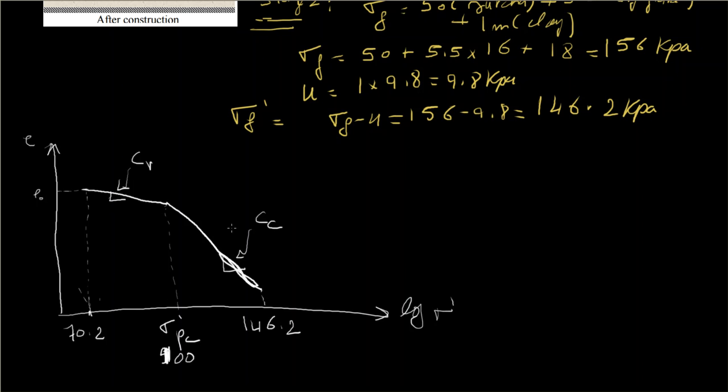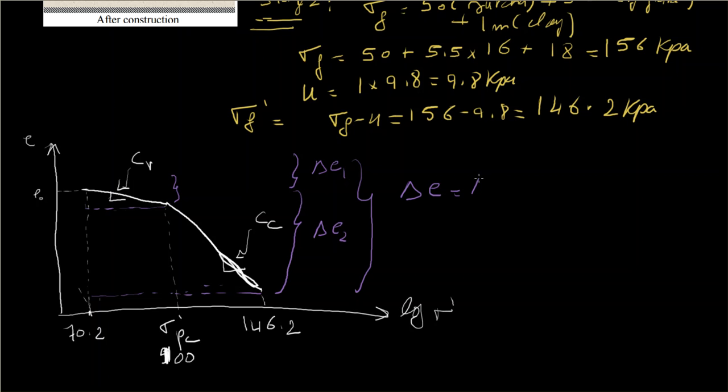Now as in the last example we did, we could break this down into two parts, part 1 and part 2. Let's call them delta e1, delta e2, and delta e total, which is what we need, is delta e1 plus delta e2.